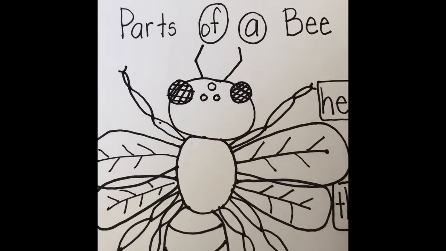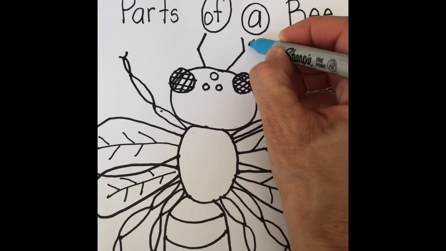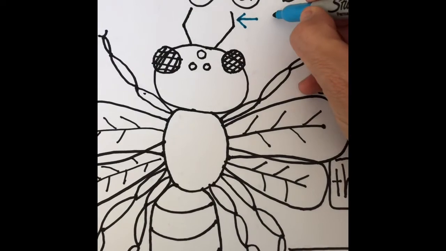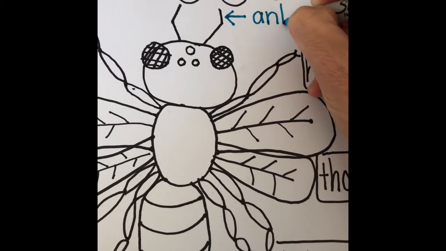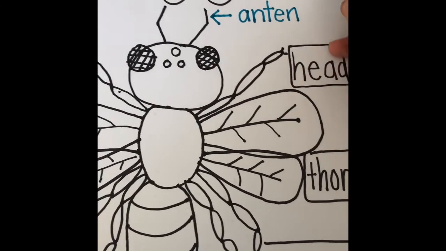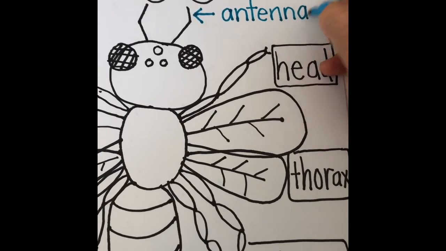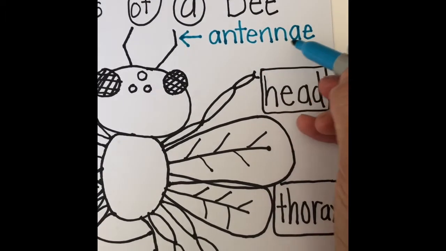Up here, I'm going to draw a little line with an arrow to write antennae. There are two N's. And then the ending is a little funny. It ends in an A and an E. Antennae.